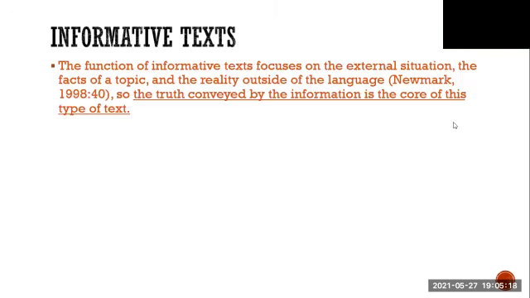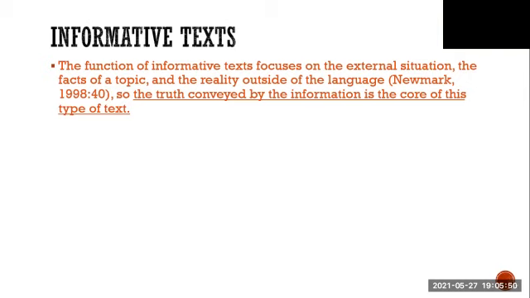Now, the function of informative texts, according to Newmark, focuses on the external situation, the facts of a specific topic, the reality outside language. That is, there is information that is not related to the aspects of language of the text, as opposed to, for example, the expressive texts.